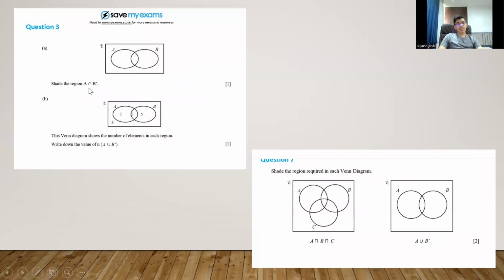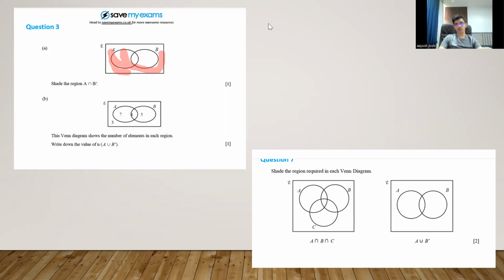Shade the region A intersecting B complement. We did a question similar to this before in the last question. So what is B complement? Everything outside B is going to be your B complement. Over here everything is outside B, but it is intersecting with part A. So the only part which is common with B complement and A is this part.